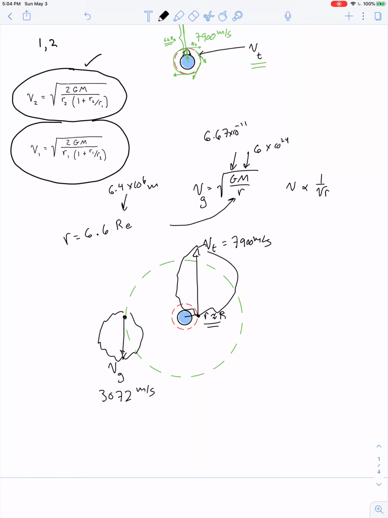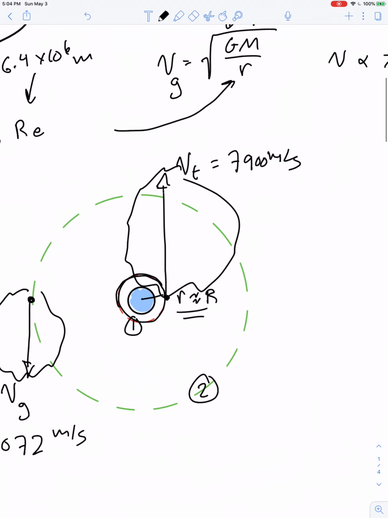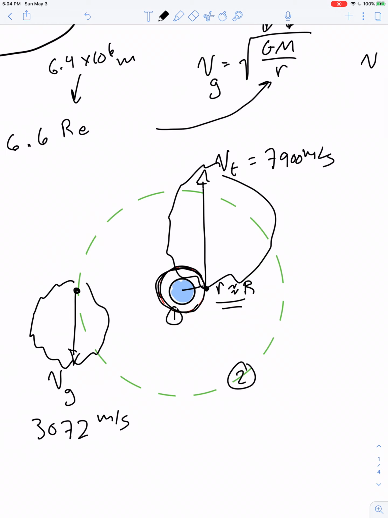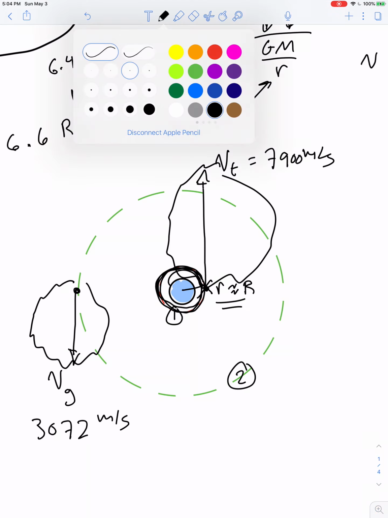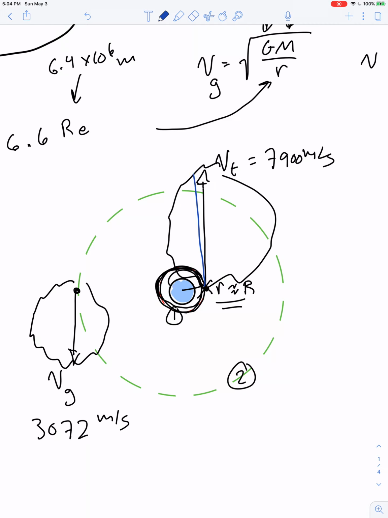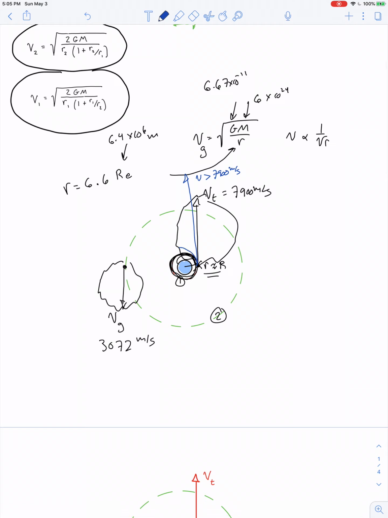So how do we transition from orbit number 1 to orbit number 2? Well, as the satellite goes round and round along this treetop orbit, when it reaches this point, if the velocity is increased, let's just say v greater than 7,900 meters per second, the result is an elliptical orbit, but not enough to send it as far away as a geostationary.